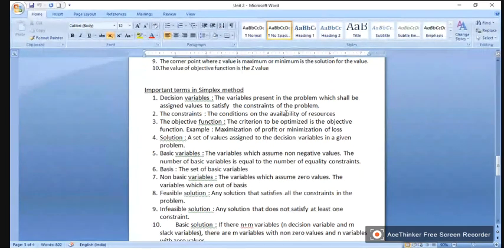The non-basic variables are the variables which assume zero values. All of you remember this carefully. When we look at the table, I will be explaining these terms again. Proceed. The variables which are out of basis.